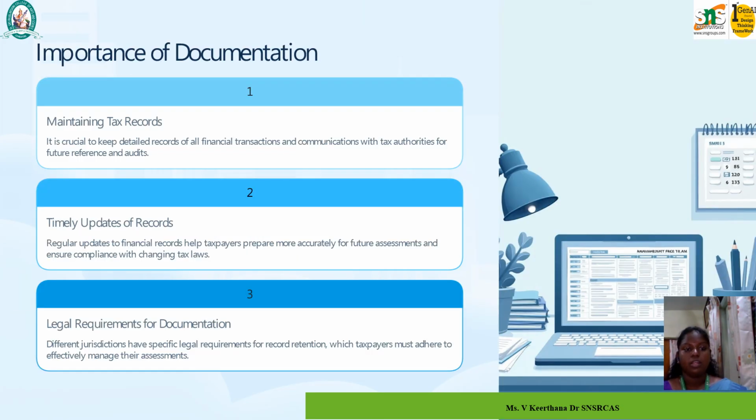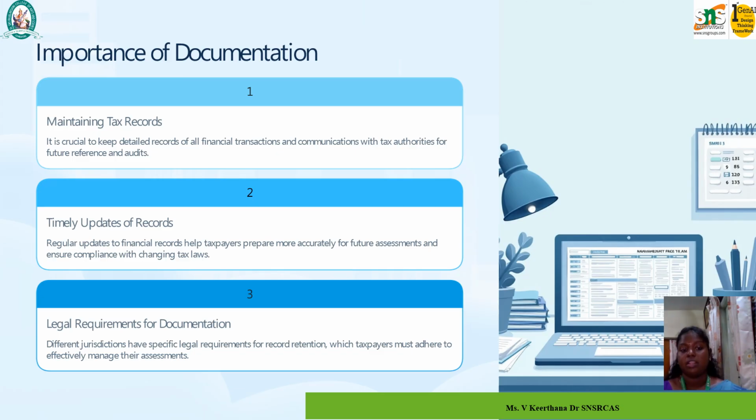The next is the importance of documentation. First is maintaining the tax records, second is timely updated records, and third is legal requirements for documentation. These three are the most important and main processes. Maintaining the tax records is crucial for all financial transactions and communication with tax authorities. Next is timely updated records.